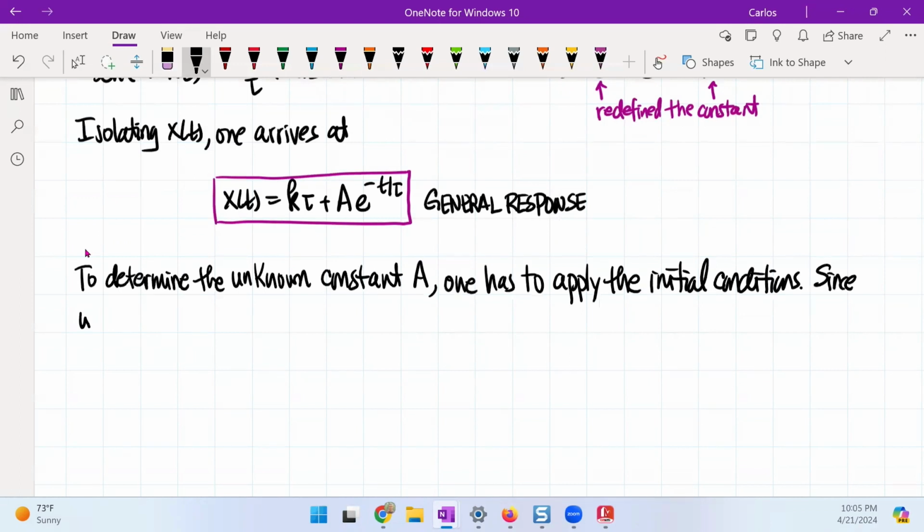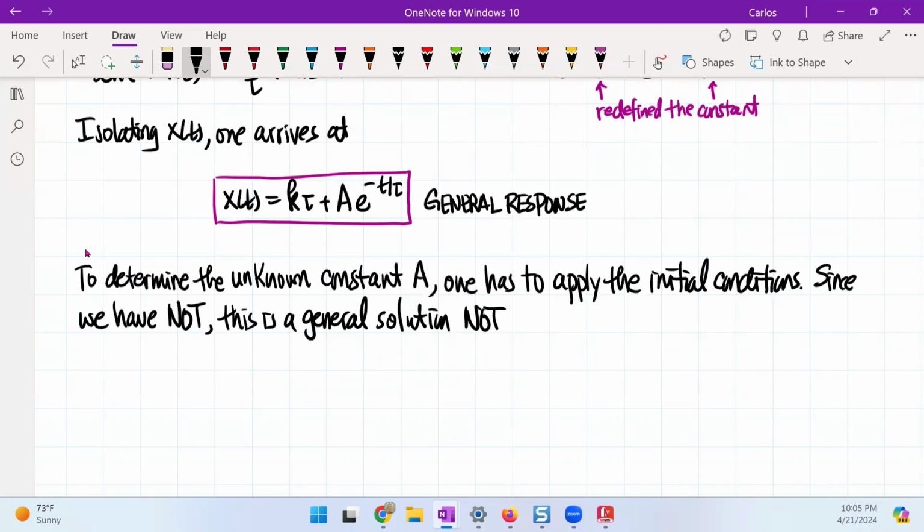Since this is a general solution, not a complete solution.